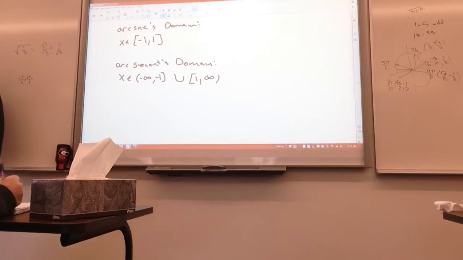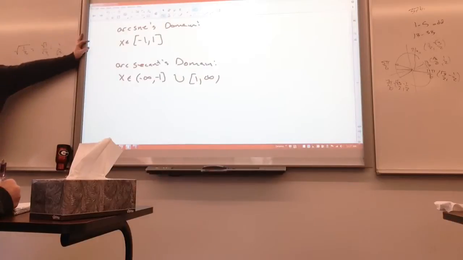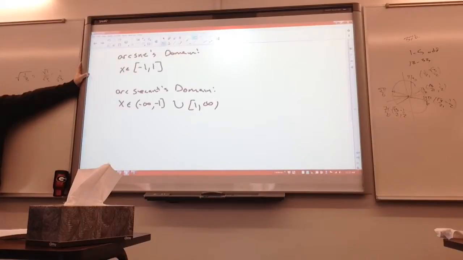Arcsine. Why is that its domain? Think about it. What's the arcsine ultimately? It's the inverse of the sine, right? Yes. And so remember with functions, when you do an inverse, you flip the domain and range.